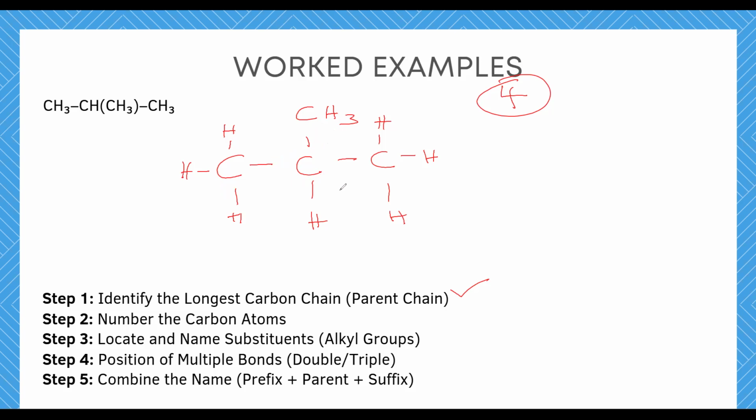So let's count our number of carbon atoms now. I can start counting from here. One, two, three. So how many carbon atoms do I have? Three. Good. In the parent chain, I have three carbon atoms.